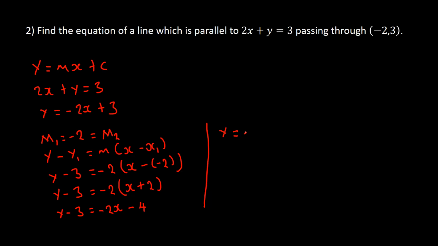So y equals negative 2x minus 4. When the negative 3 goes to the other side, it becomes positive, so you have plus 3 there. y equals negative 2x, negative 4 plus 3, which is negative 1. So this is the other equation which we were asked to find.